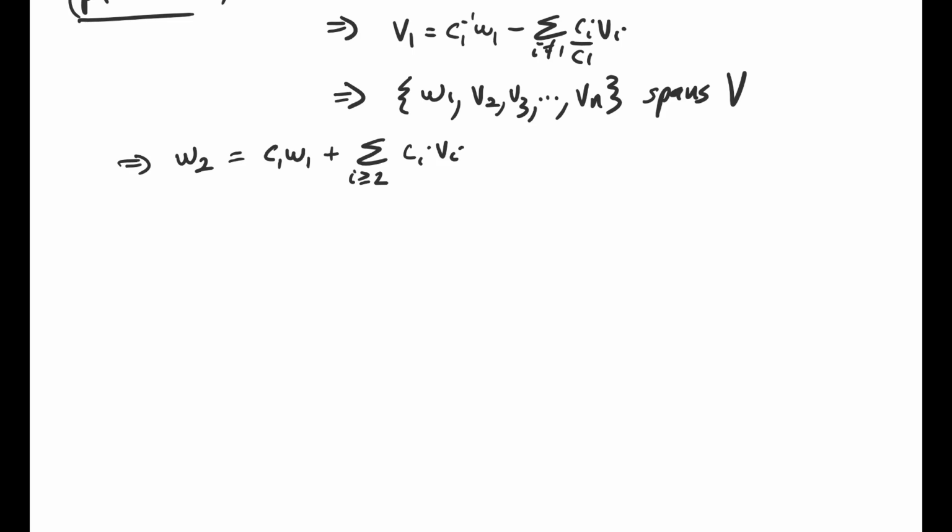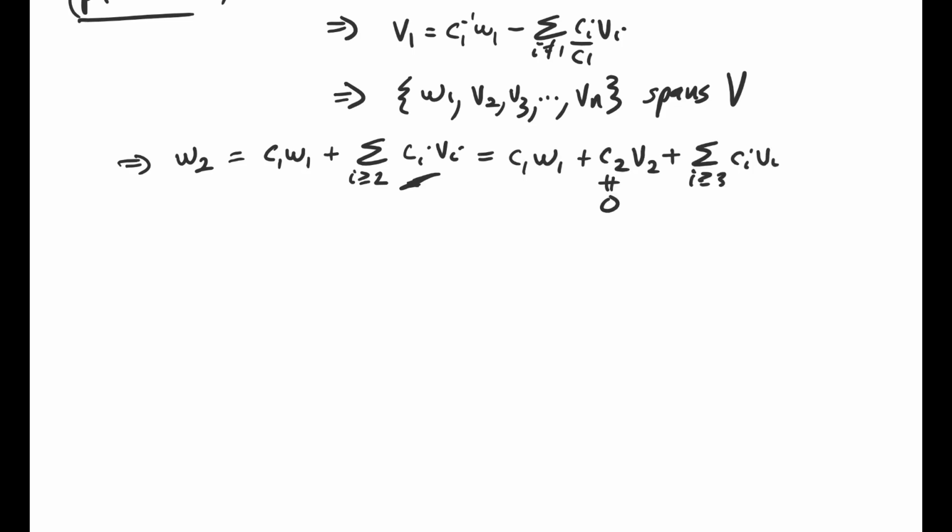If all of these ci's over here were 0, that would mean that w2 would be a multiple of w1. And that's not possible because they're independent. I mean, if you move it to the other side, you'll get a non-trivial linear combination. So that means at least one of these ci's over here has to be non-zero. We might as well relabel things so that c2 is the non-zero one.